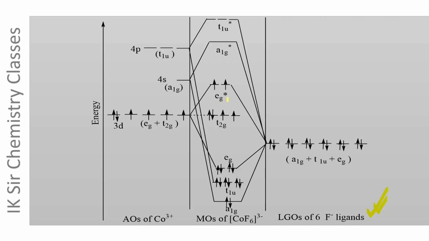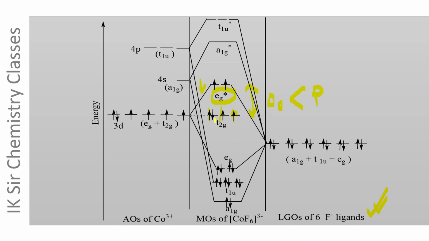Here the energy of eg star MO is lower than the 4s orbital, and in this case the energy difference between these two orbitals, which may be regarded as delta O, that is crystal field splitting energy in octahedral complex, is lower than pairing energy of electrons, and therefore this is first electron, second electron, third electron.